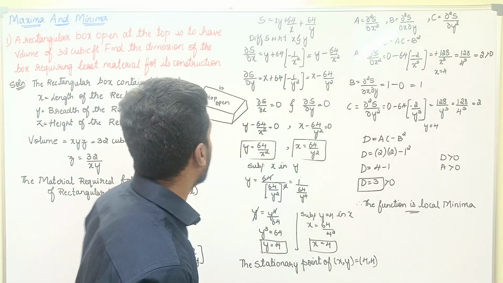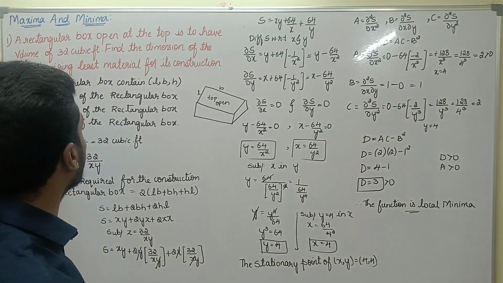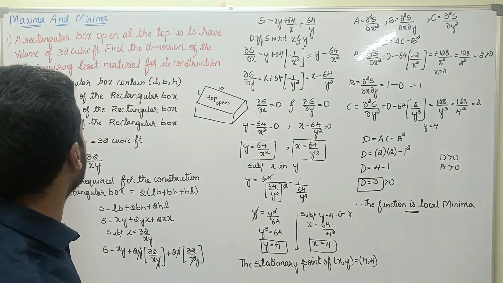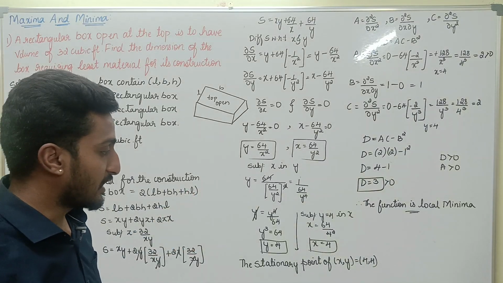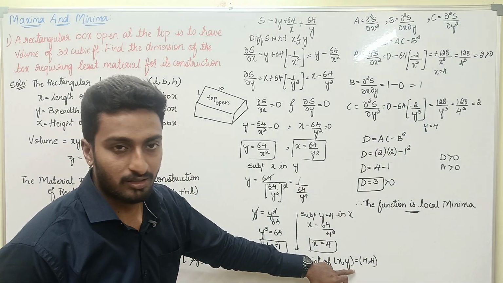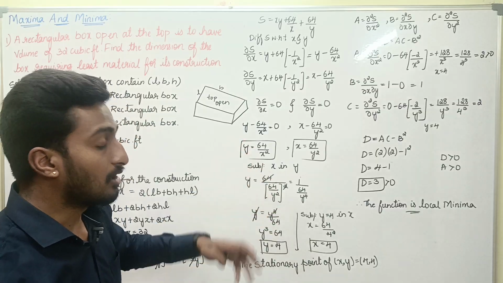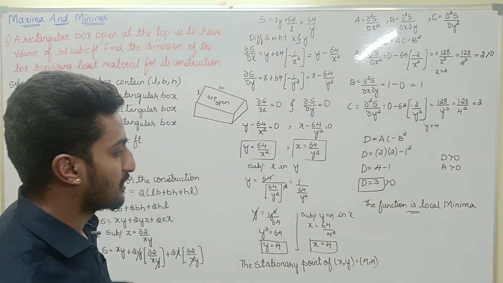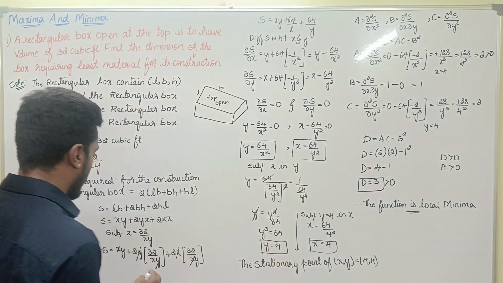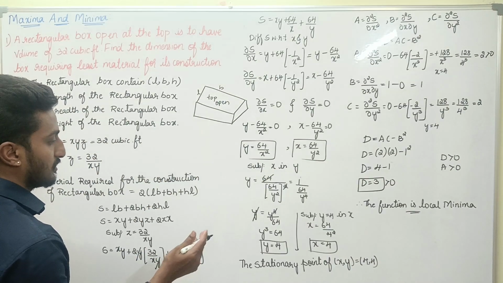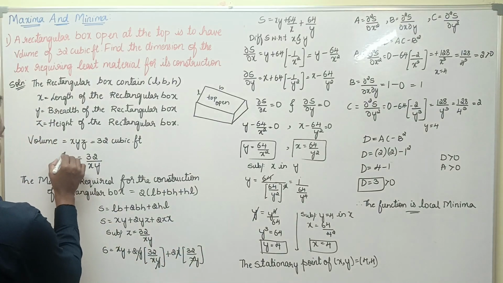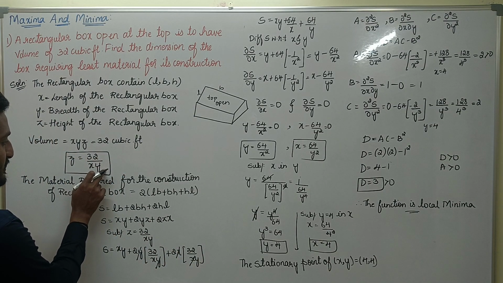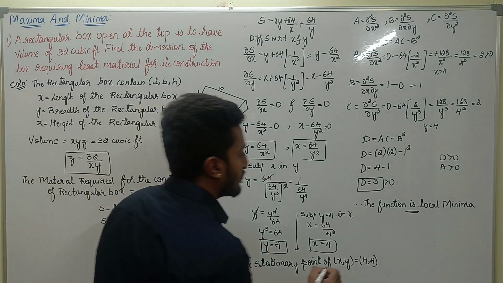Now, since they have asked to find the dimensions of the required least material, what are the dimensions? That is x, y, and z. Now let us find the last value, that is the height, z. If I simplify the points x and y, I will get the value of z.